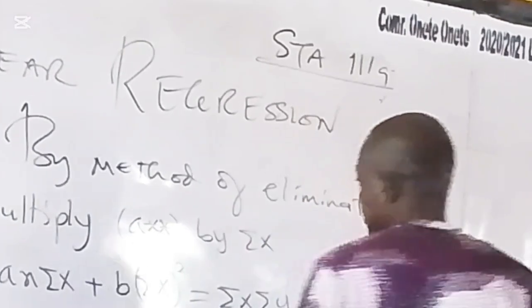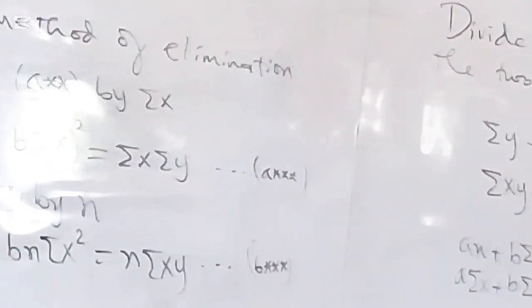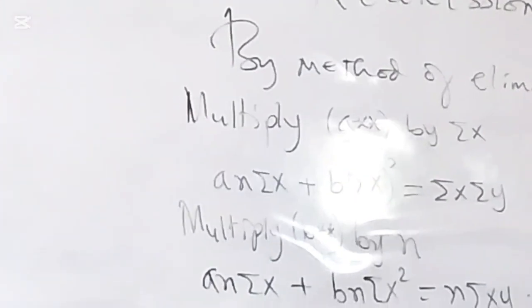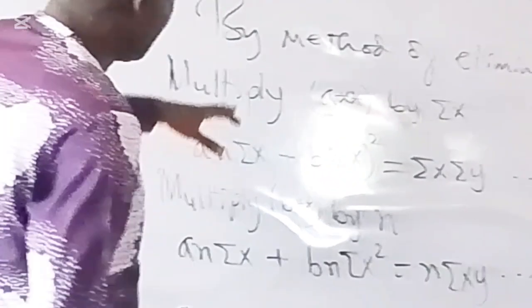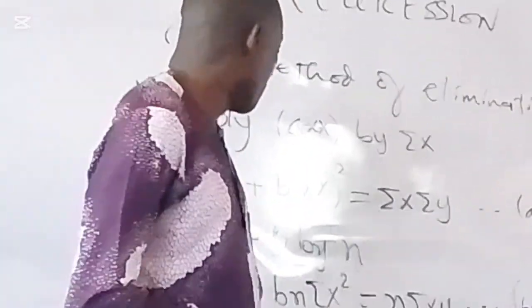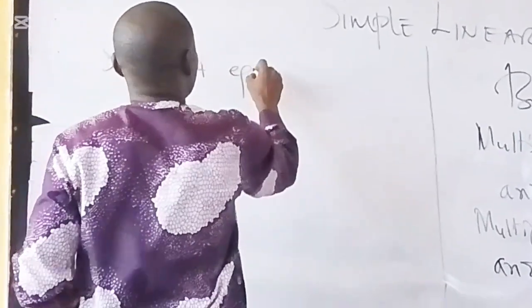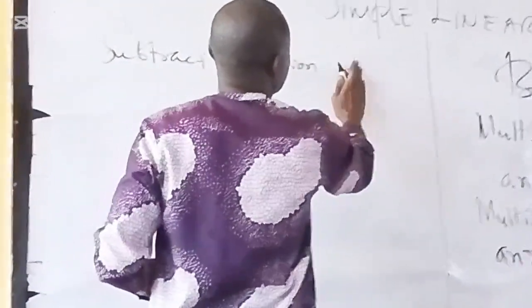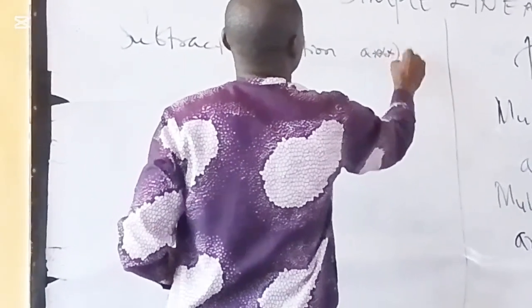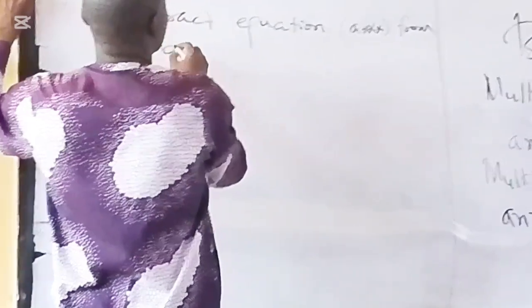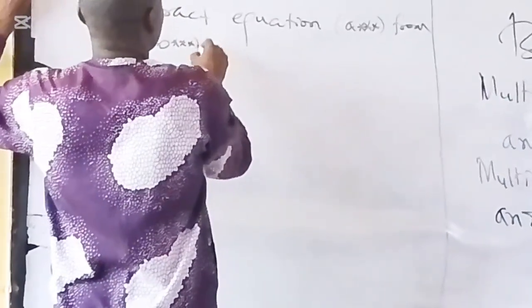So we are going to subtract this equation from here: subtract equation A triple star from B triple star.